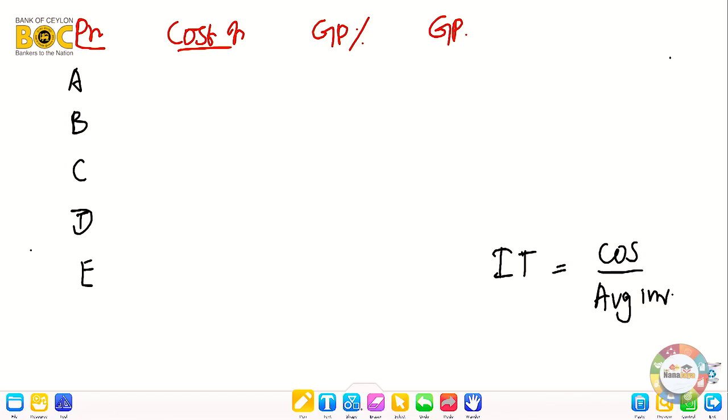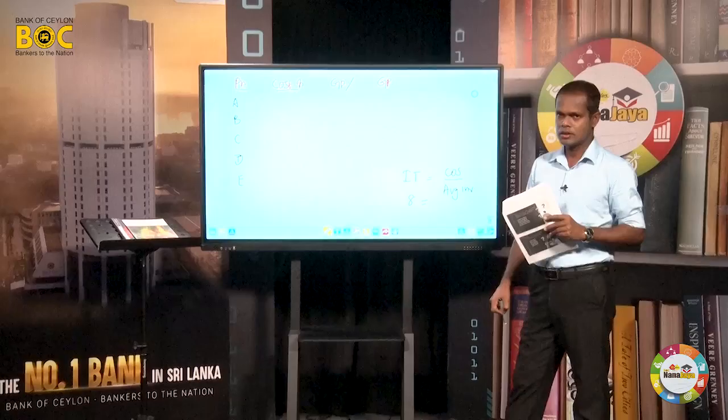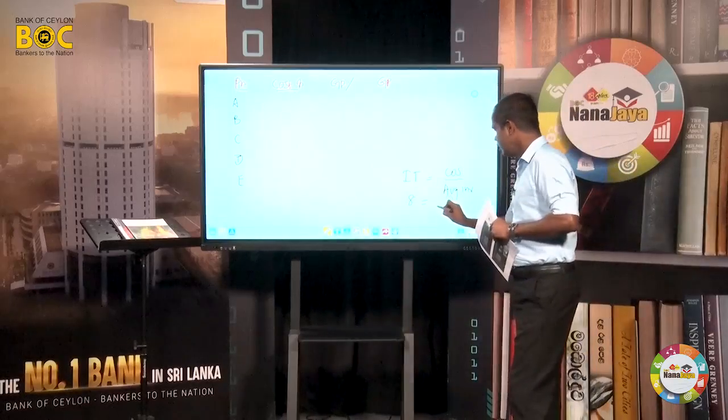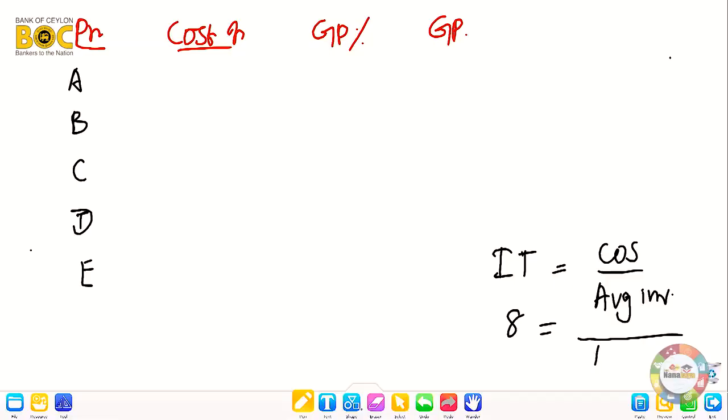Take product A. The inventory turnover ratio is given as 8 and the average inventory is 1000.